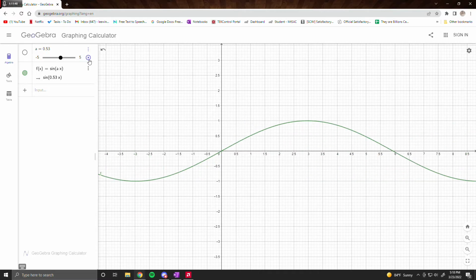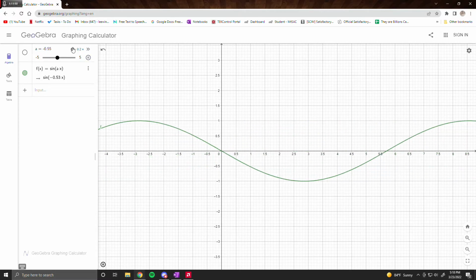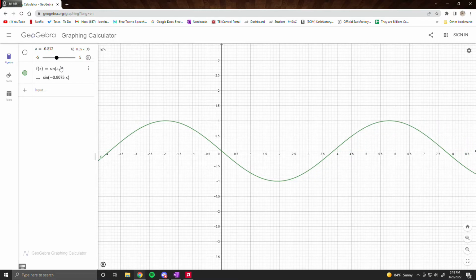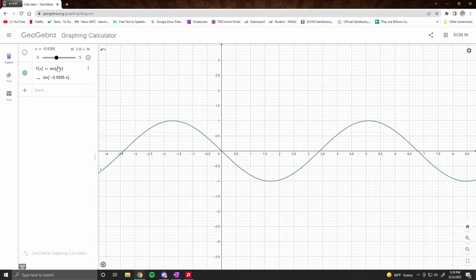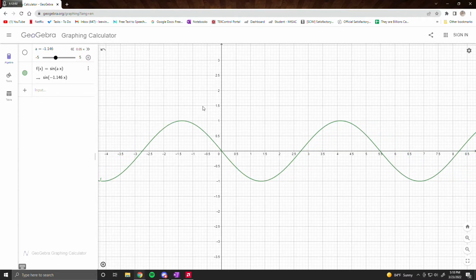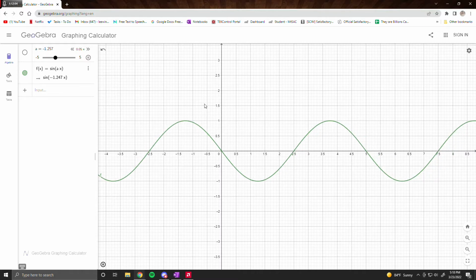All right, so let me slow this down a little bit. With smaller a values, it's kind of like stretching and squeezing a spring.